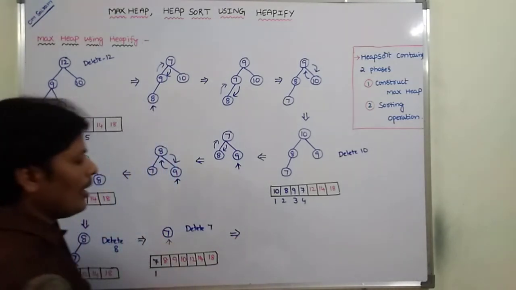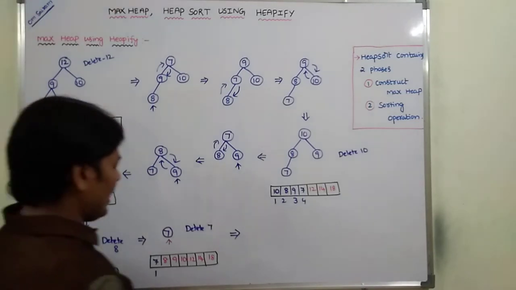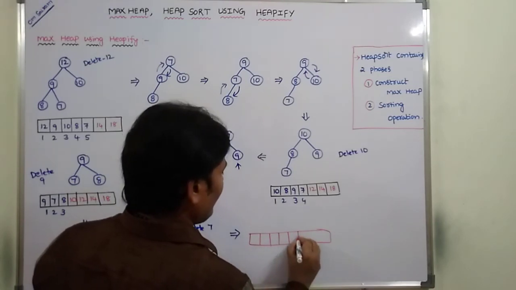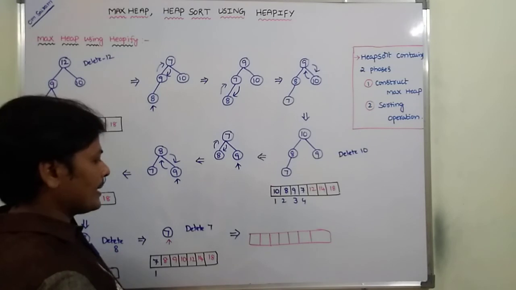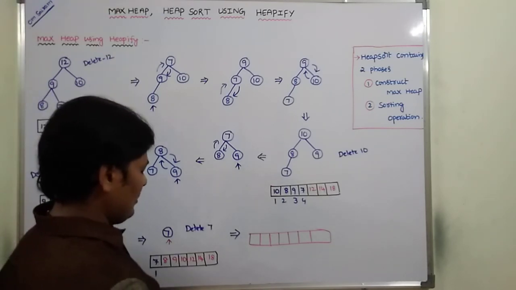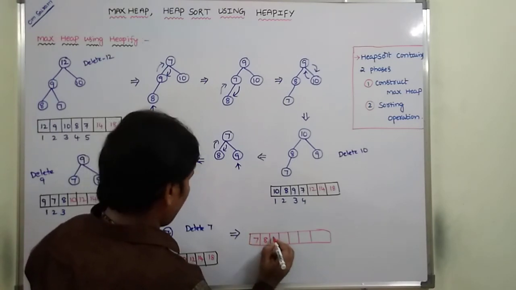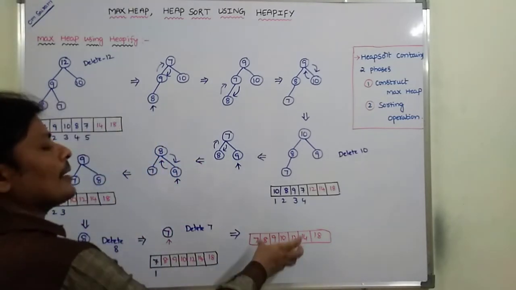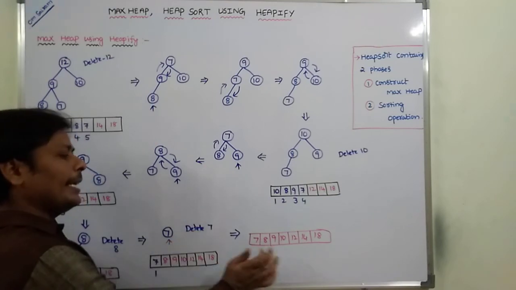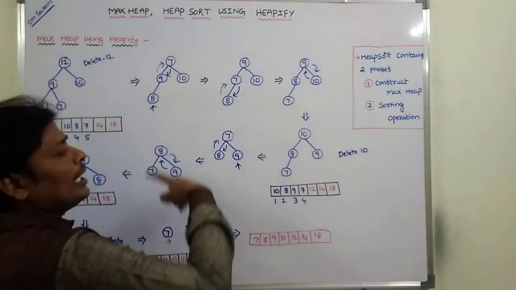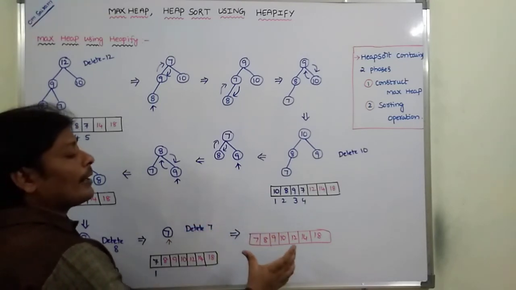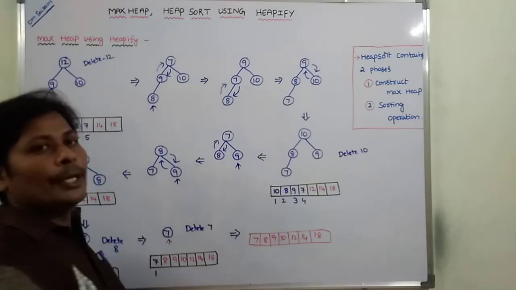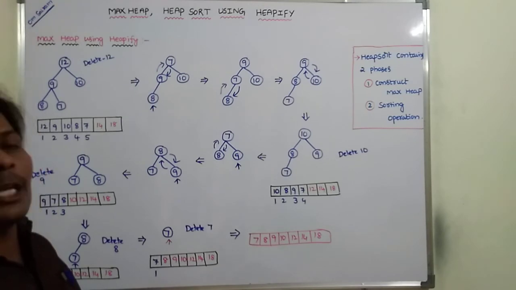So what is the array representation we are getting finally? After deleting 7, we are getting 7, 8, 9, 10, 12, 14, 18. Okay, so this is the sorted array we are getting after deleting 7. Now all the given elements are already sorted by using heap sort by applying the Heapify property.